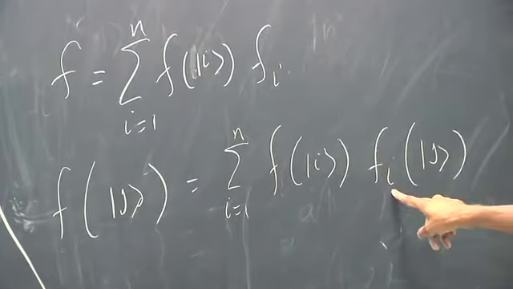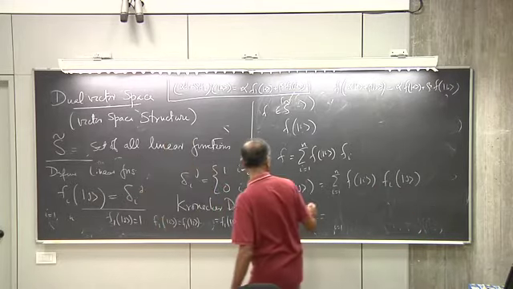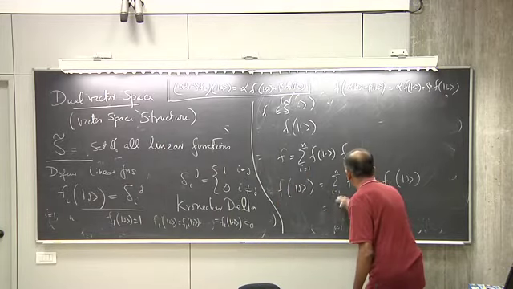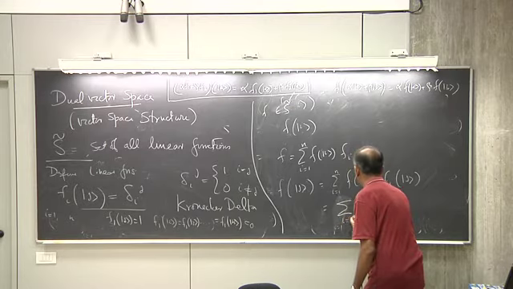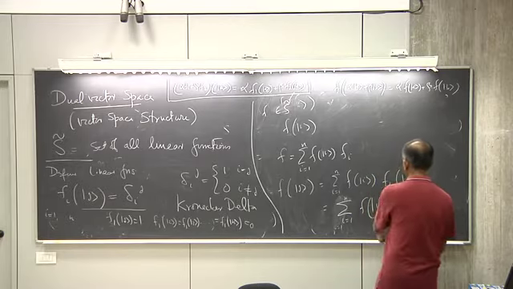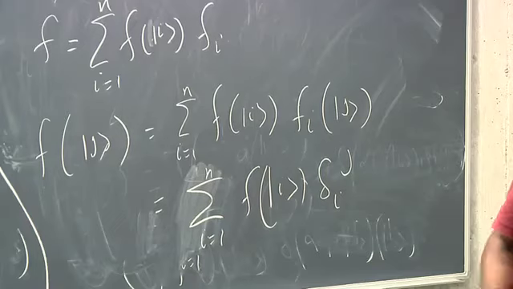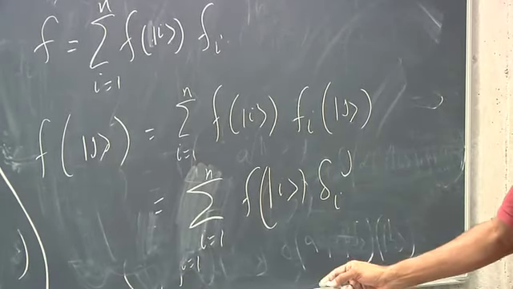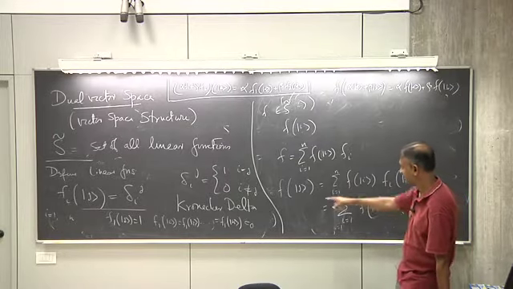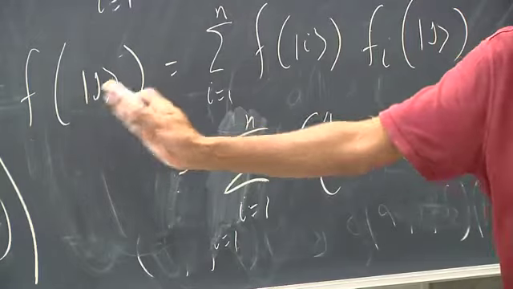And now I use the definition of fi the way I have defined it here, that is simply delta ij. So, this is the same as the sum over i equal to 1 to n of f acting on i, a complex number, times the Kronecker delta ij. Now you see I am summing over i for a fixed j. j is a free index; if it appears on the left side, it is something fixed.